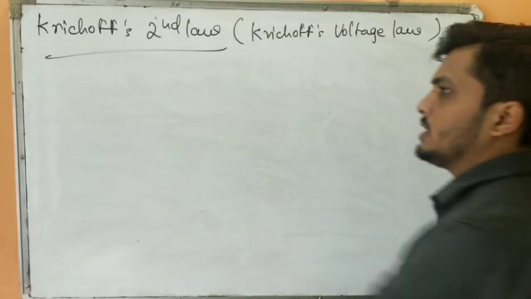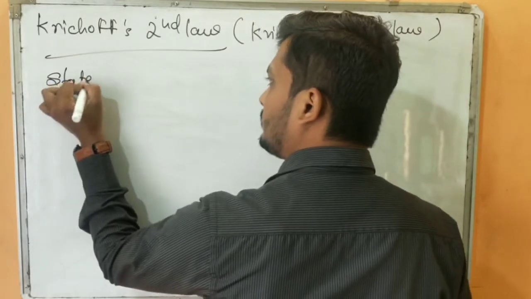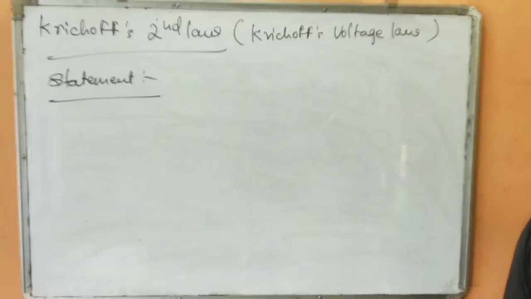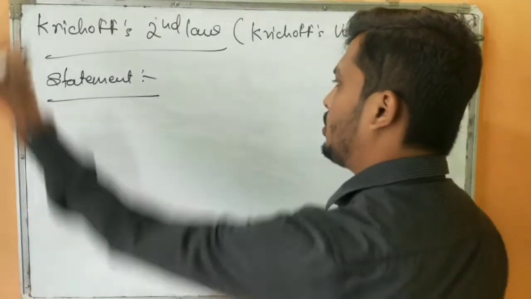So what does it state? Statement. You are not going to compromise with the statement. You are expected to write it as it is, because it is a statement or law.